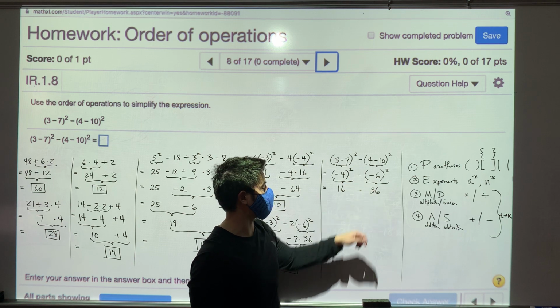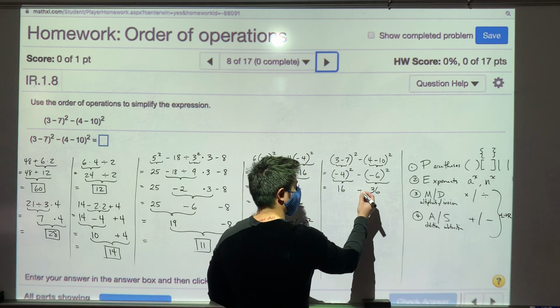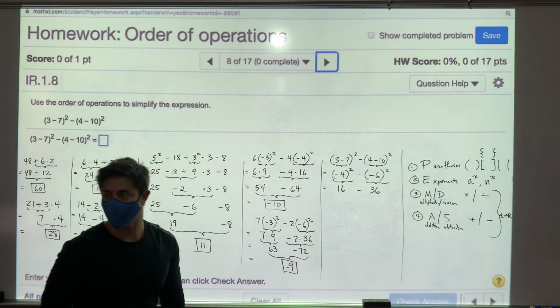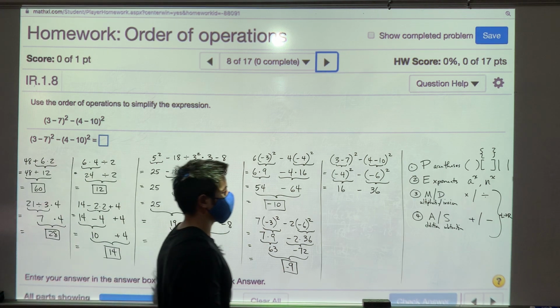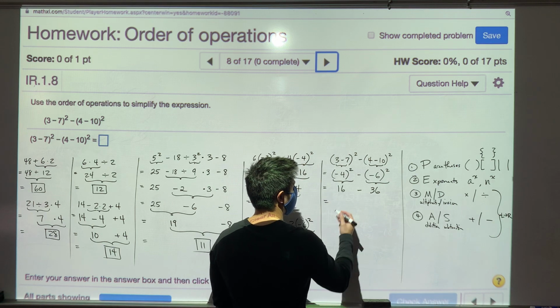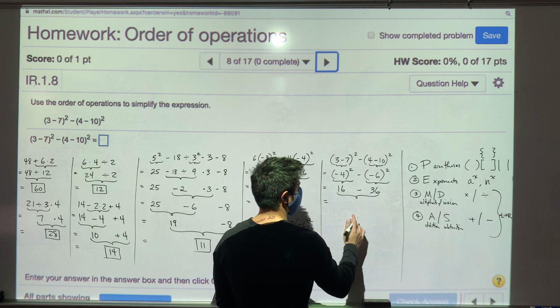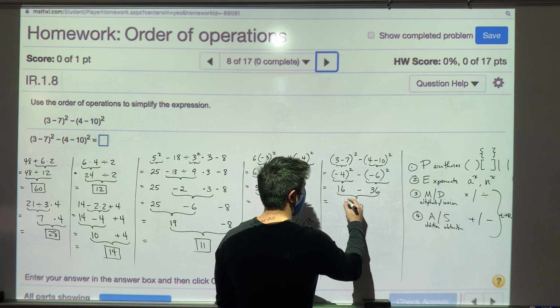But because I have this minus sign coming down with the problem, it now becomes negative. So that's actually a very tricky piece in that problem that you need to be careful with. Easy to make a mistake there. Make sure you know it. Okay? And then finally, 16 minus 36 is going to be a negative 20. Done.